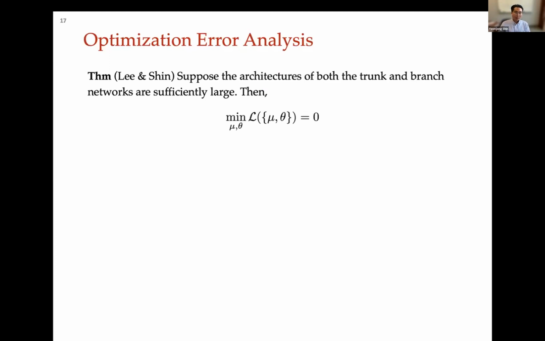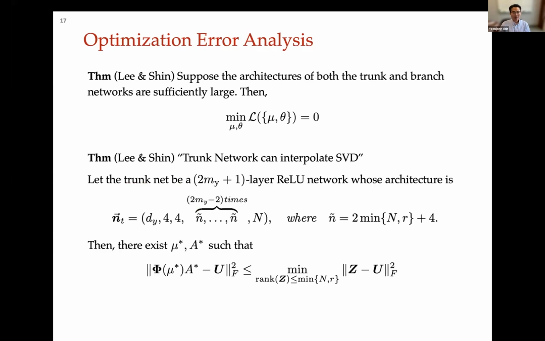Considering the networks simultaneously might be challenging, but this is one thing we proved: zero training loss is possible, and that relies on the following theorem utilizing the trunk network interpolating SVD idea.